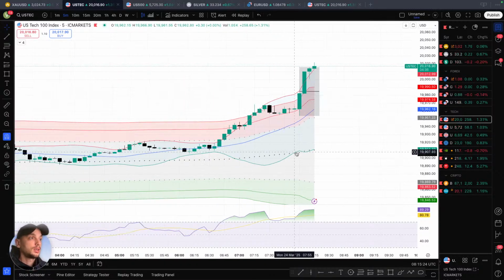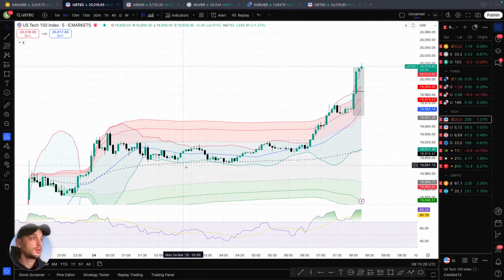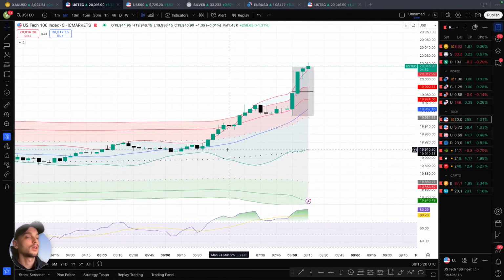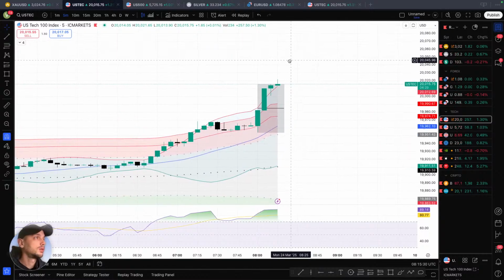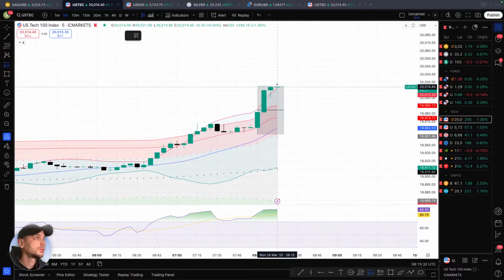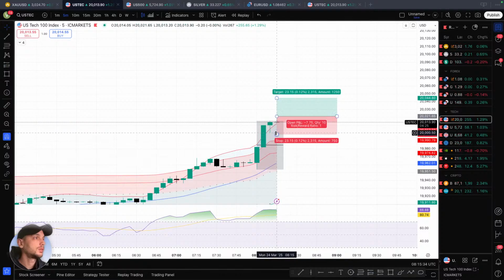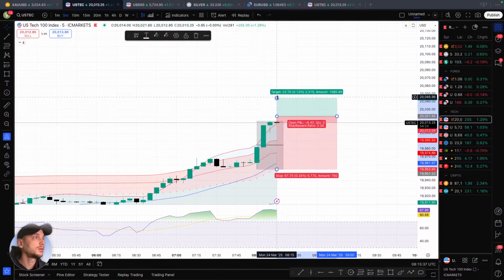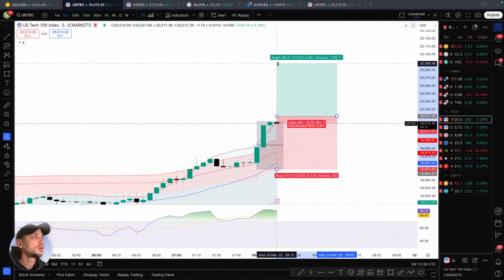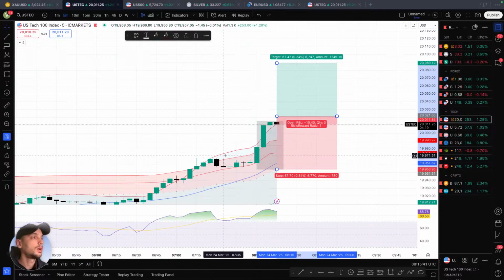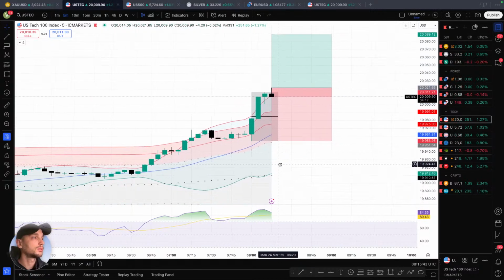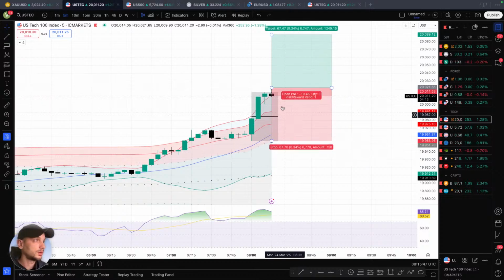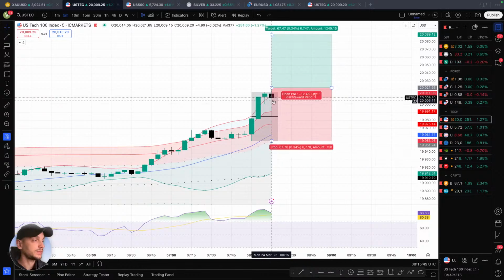Now for US Tech, despite it, how trendy is it? I wouldn't risk going long because, let's say it closes here, your stop loss will be here, 1-to-1, way out of the VWAP, and it's pretty logical to see a pullback.